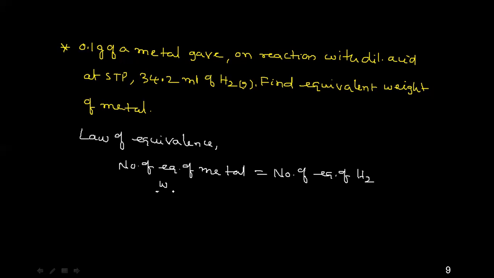How to get the number of equivalents of the metal? Nothing but weight by equivalent weight, because for the metal they're asking to find out the equivalent weight. Coming to hydrogen, they have given the volume of the hydrogen gas, not the mass. So in such a case, we take the given volume at STP in ml divided by the equivalent volume of hydrogen.